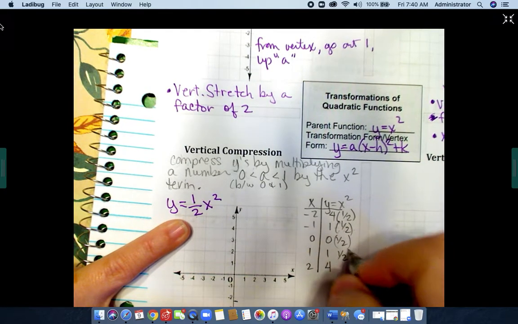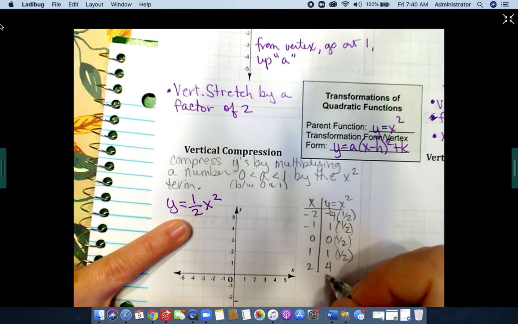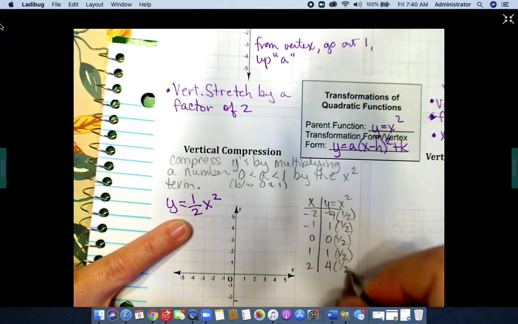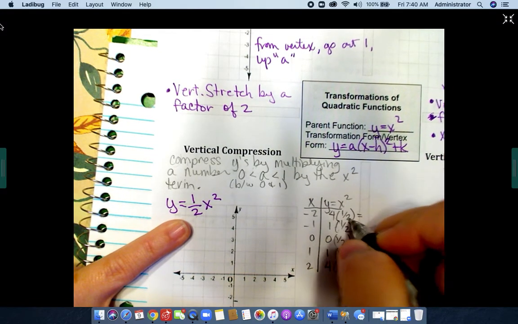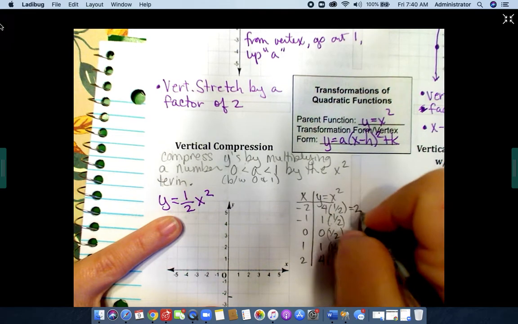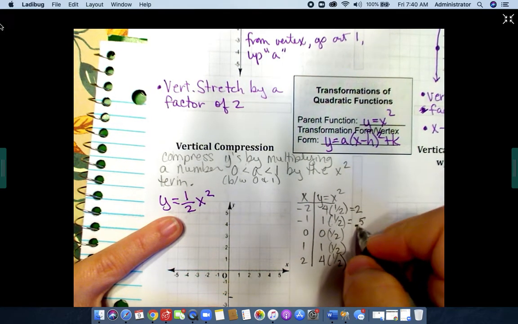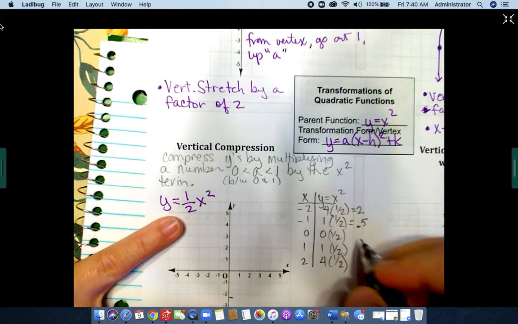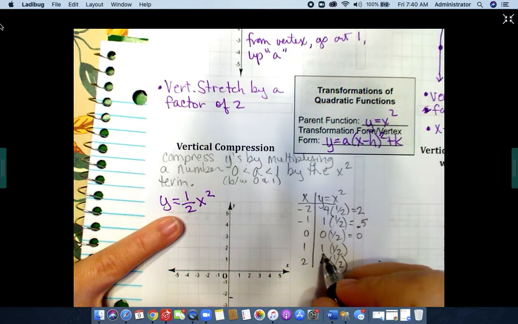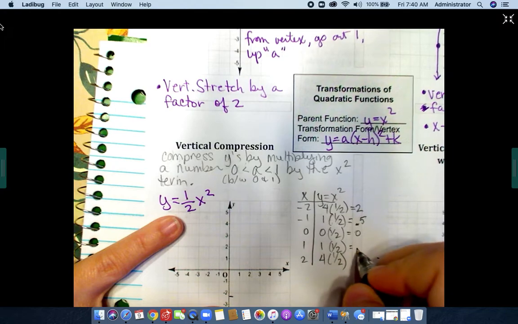If I take all these x squared terms and now multiply by a half, let's look at what happens to our numbers. Half of 4 is 2. Half of 1 is a half, so I'm going to write that as a decimal. Half of 0 is still 0. Half of 1 is 1/2.